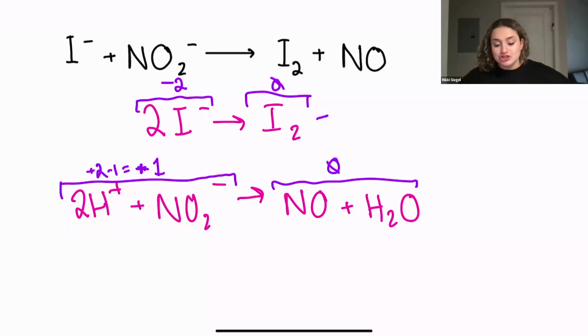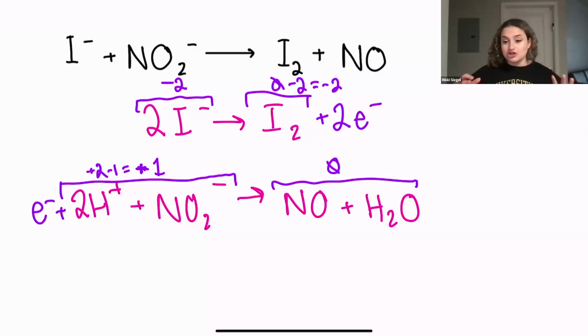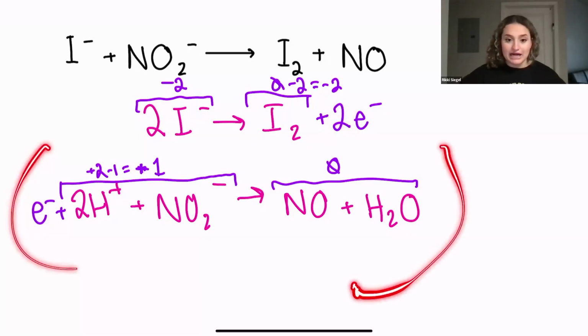Alrighty, I'm going to add 2 electrons over here, because then that will make sure that they are both a charge of -2. Over here, I'm just going to add 1 electron. Finally, our atoms are balanced, our charges are balanced, and now we just need to balance our electrons. How do I do that? I need 2 electrons, I need 2 electrons. So I'm going to multiply this entire thing by 2.